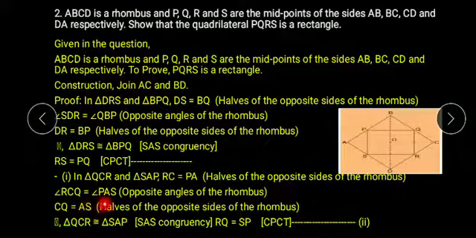CQ is equal to AS, just like the previous one. So triangle QCR is congruent to triangle PAS. Hence we can say PS equal to QR by CPCT. So what we got, PQ is equal to SR from the first part, and for the second part we got PS is equal to QR.